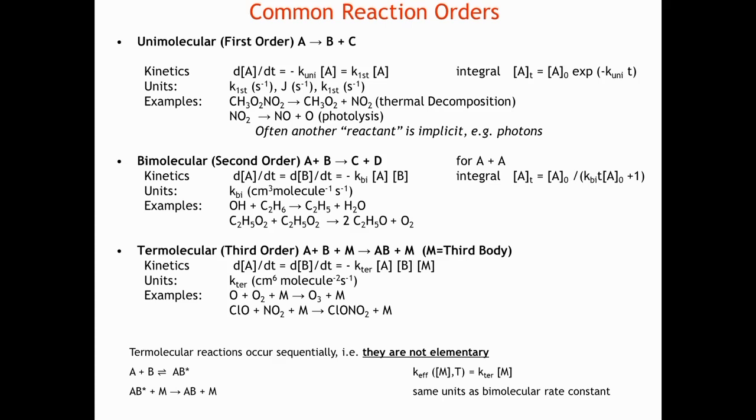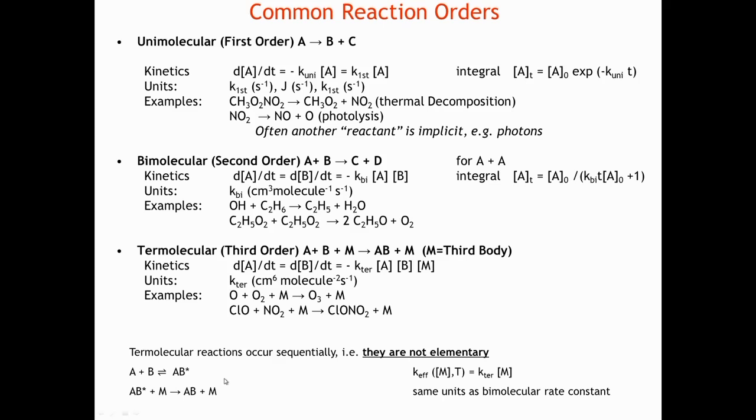That's not true. What often happens is A hits M, forms a complex, and that hits B, or A hits B, and the M also hits it. And so you end up with multiple ways that a termolecular reaction can occur. It's not normally an elementary reaction.